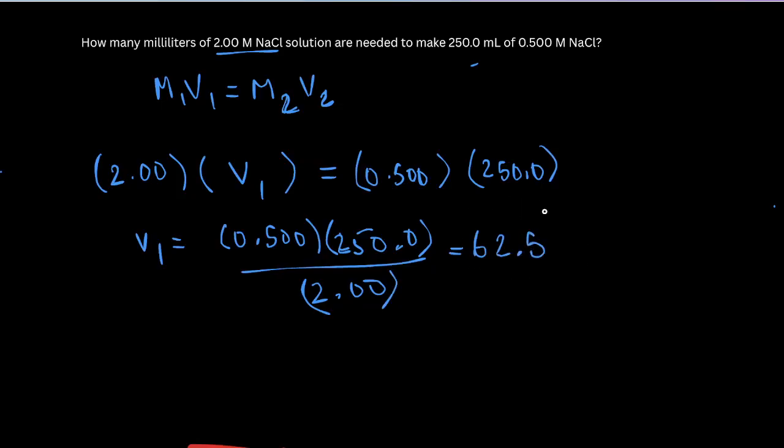What will the units be? Remember that we said V2 and V1 must be in the same units. It's already given in the problem that we need to find it in milliliters, so our units here are milliliters. So this is the answer: we're going to need 62.5 milliliters of the 2 molar NaCl solution in order to get our desired volume in solution.